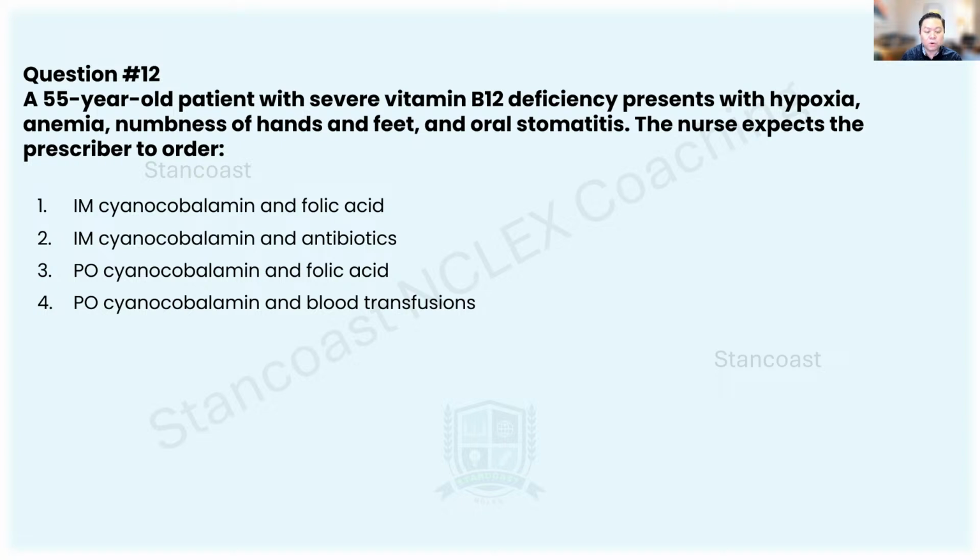And 4. Per os cyanocobalamin and blood transfusions. The situation is a 55-year-old patient with severe vitamin B12 deficiency presents with hypoxia, anemia, numbness of hands and feet, and oral stomatitis. The nurse expects the prescriber to order. Is it 1, 2, 3, or 4? Take your pick, guys.